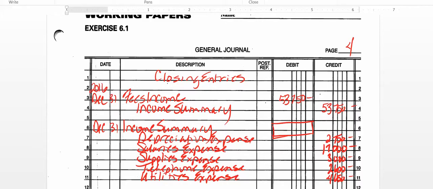Hope you don't mind. 2750 plus 17000 plus 3000 plus 2600 plus 4650 equals $30,000. So now we're ready to put the total in the income summary. The total of all of our expenses is $30,000.